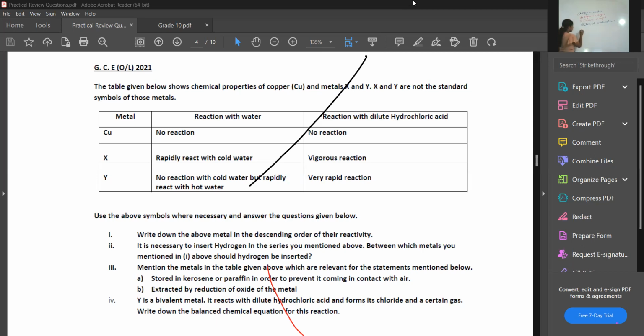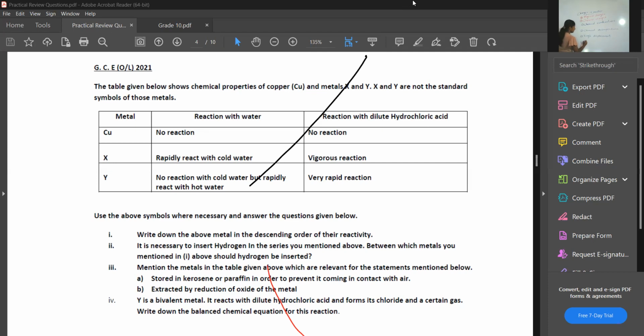Now you can say chemical combinations, chemical decompositions. The third one, single displacement.